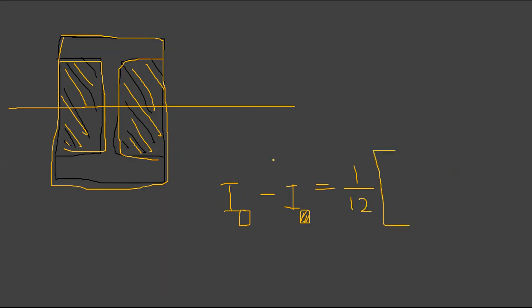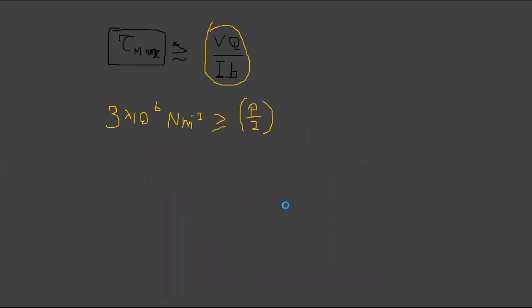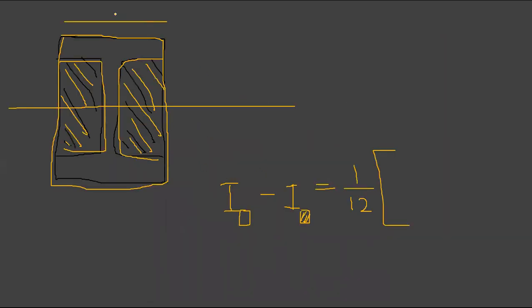So what is this value? 25, 200, 25, 100. This is going to be 25, 200, 25, and 25.